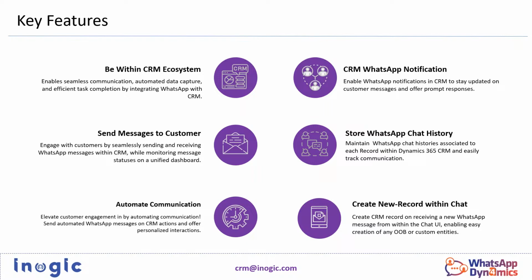In real time, on the fly, you can create a record, capture the necessary information from the customer and feed it into the system for more productivity and useful information. These are some of the key features WhatsApp for Dynamics has to offer. Let's see all of these features in live action.